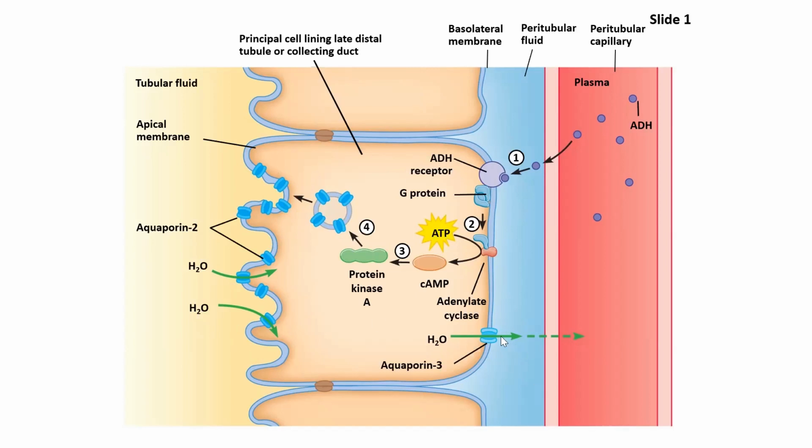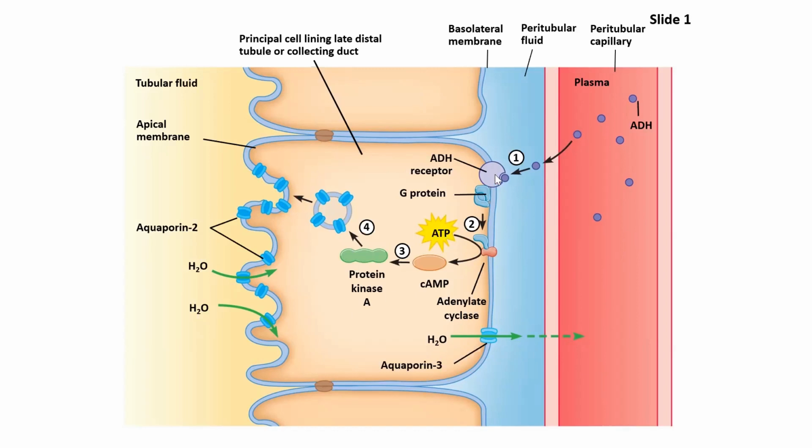Aquaporin 3 is always present in the basolateral surface, so we don't really upregulate or downregulate aquaporin 3. It's always present as a way for that water to go from the basolateral surface across the interstitial fluid and into the peritubular capillary. Okay, so this doesn't change, but the aquaporin 2s, which are on the apical surface, are really what ADH manipulates.